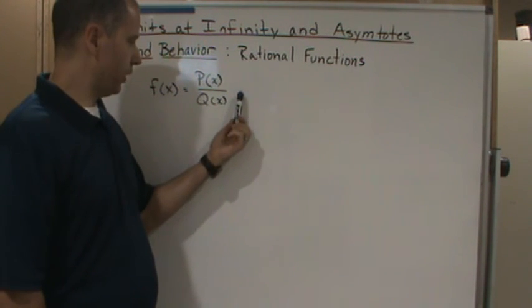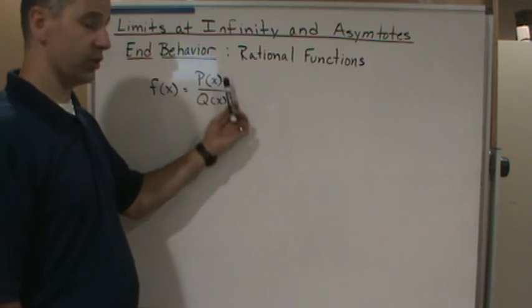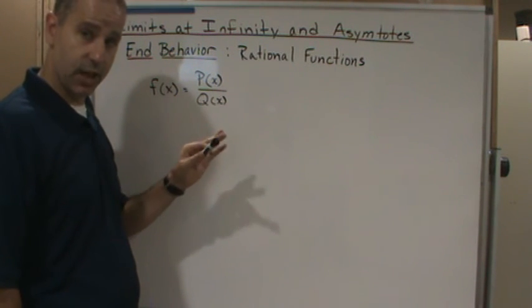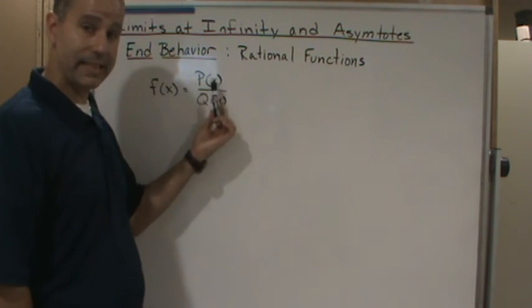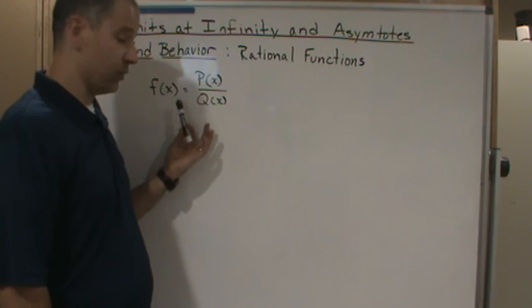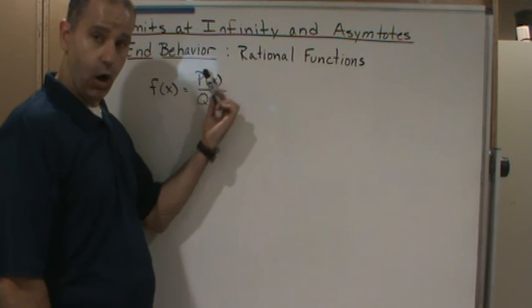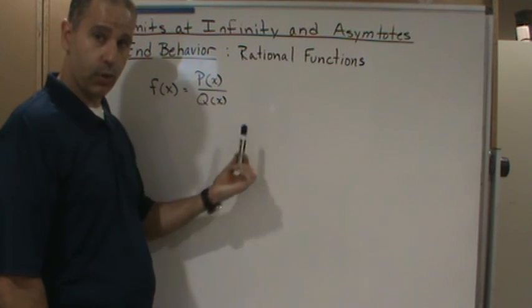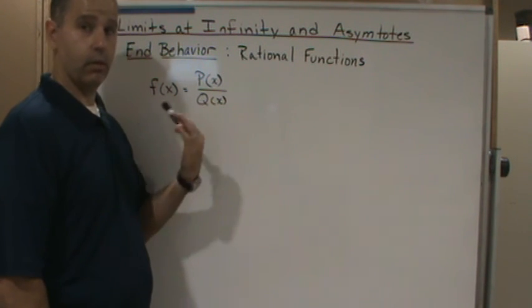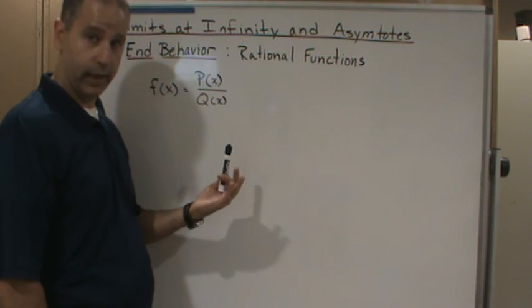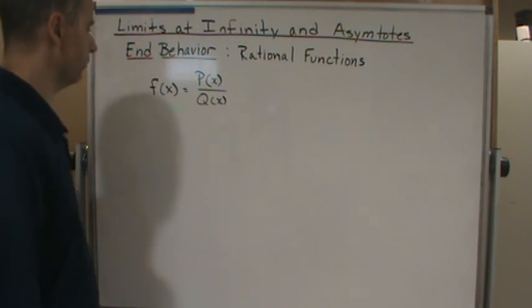That will change the look of the function. It's not going to change the function, but it'll allow you to see, as you take the limit as x goes to positive or negative infinity, all the terms will go to 0 except 1 or 2. And then you'll see where the limit goes.